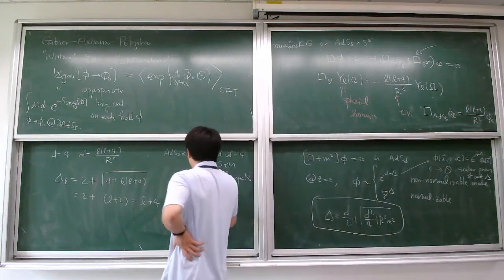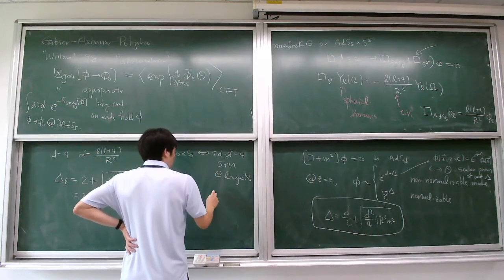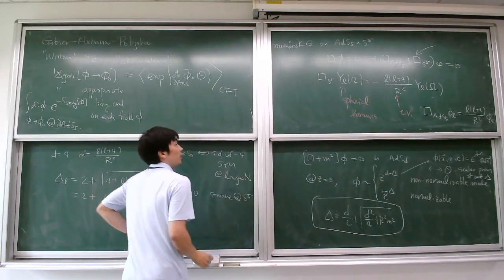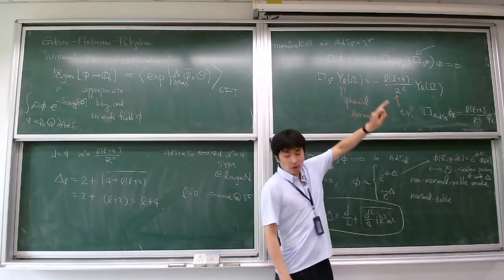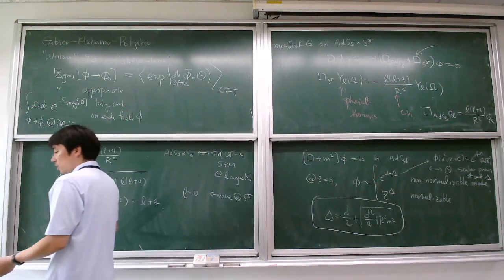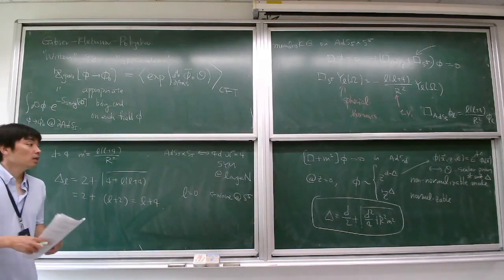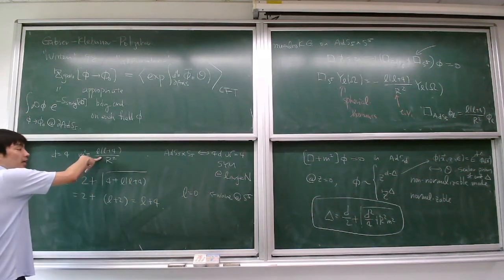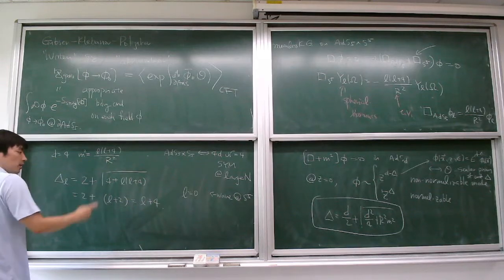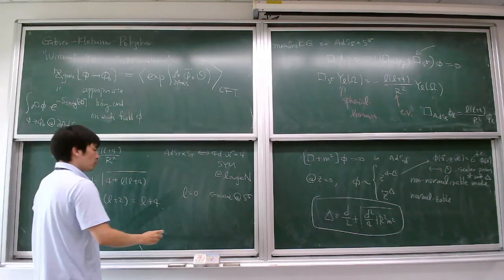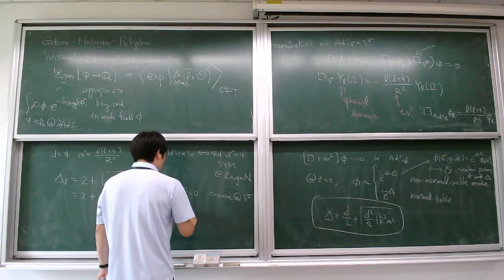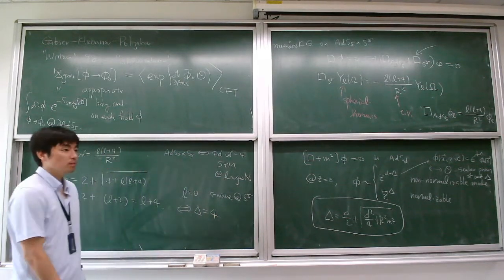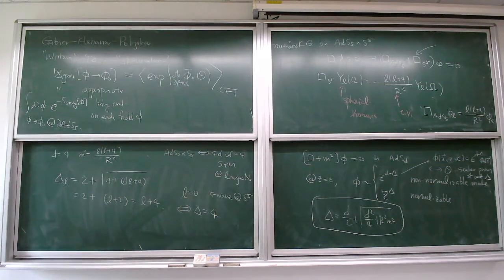L equals 0 is the S wave in spherical harmonics. So that's what you learn in quantum mechanics. And so then this becomes massless even from the AdS5 viewpoint. For a massless field, the corresponding operator should have a conformal dimension 4. Okay? So it has to be scalar.